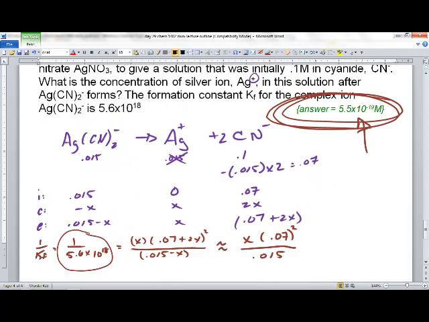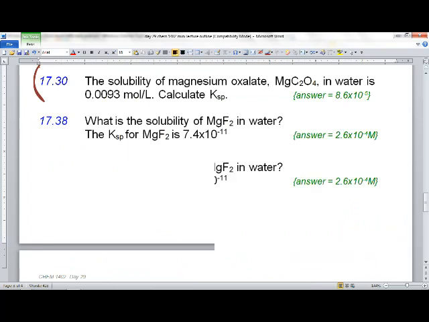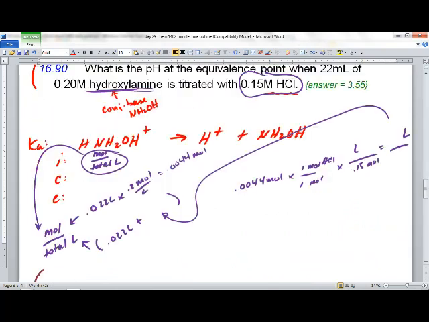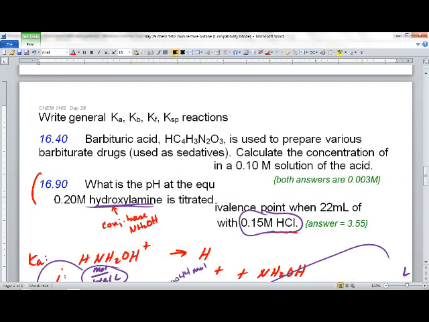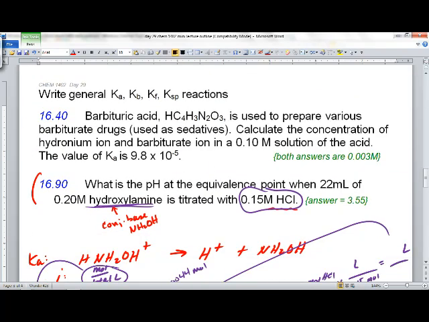For those of you who have the handout, what question would you like to work on? Or start at the top and go down? How would you do 40? How would you set it up? Right, the Ka reaction. They're not after pH though.